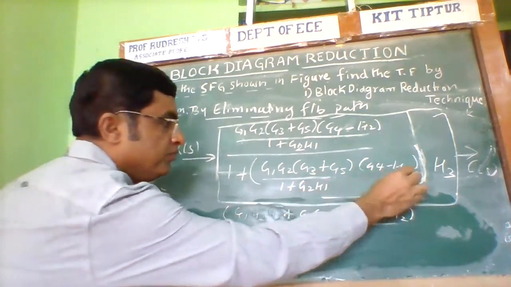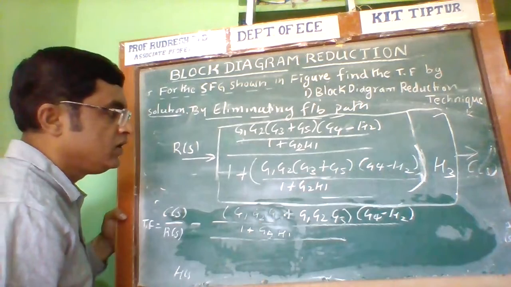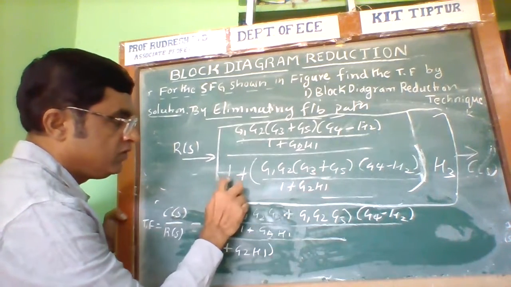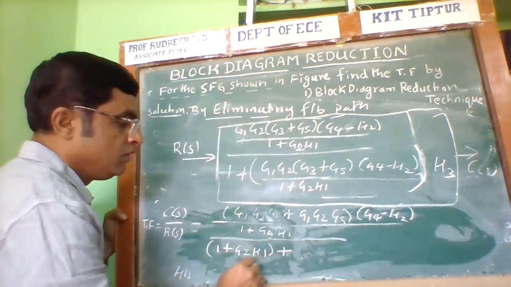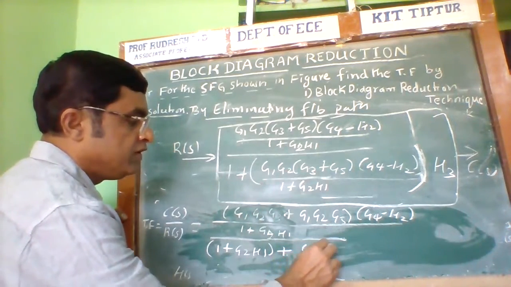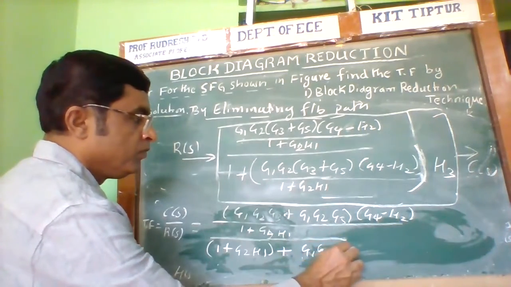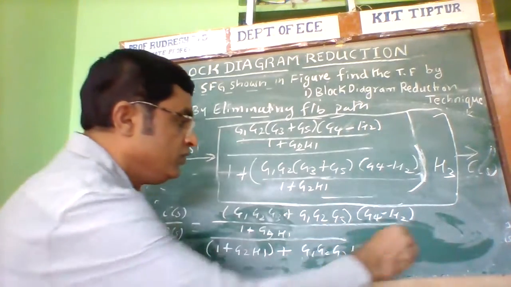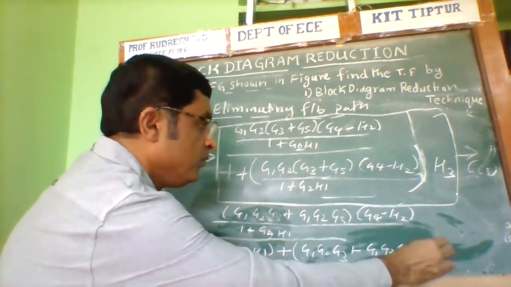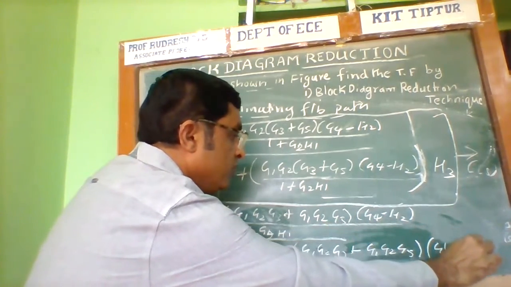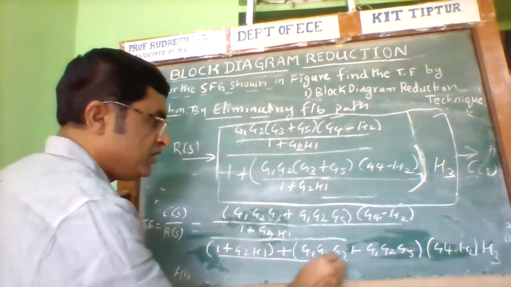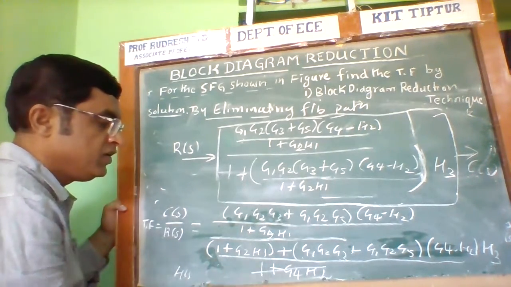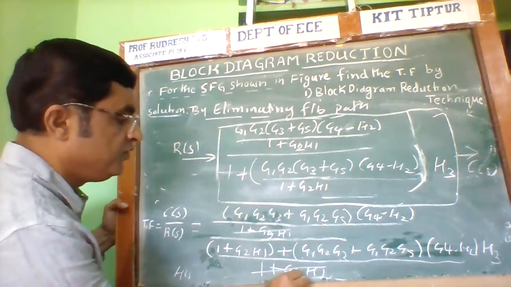Similarly, if I take the LCM for this entire quantity, and then 1 plus G2 into H1, this 1 is multiplied with this LCM quantity plus, the LCM is the same, G1, G2, G3 plus G1, G2, G5, G4 into H2, H3, the whole quantity divided by the 1 plus G2 H1, not G4, G2 H1.